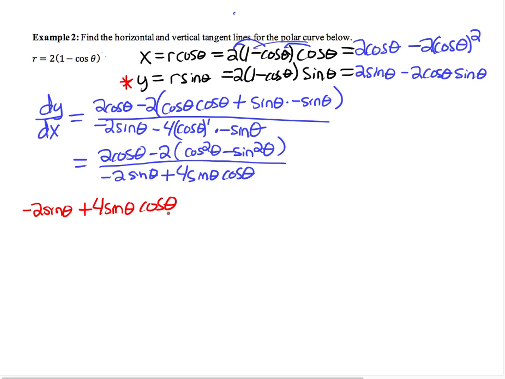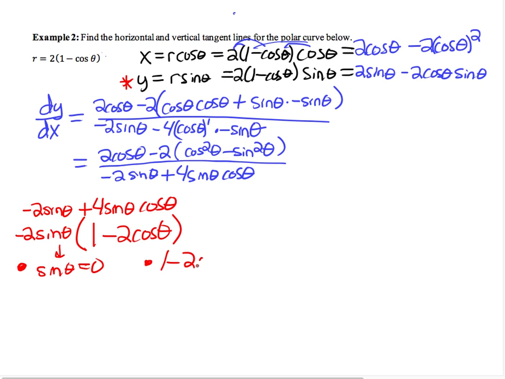So you've got to do what you can do. Looks like there's a double angle identity I could use here, but these also share a sine of theta. So you know what? I'm going to factor that out. I'm going to say minus 2 sine of theta, pull it out, and I get 1 minus 2 cosine of theta. And then I can see where the sine of theta is equal to 0 for this factor. Make that a bullet point. And then I can see where 1 minus 2 cosine of theta is 0 for the other.